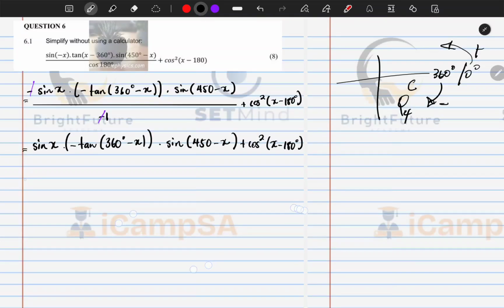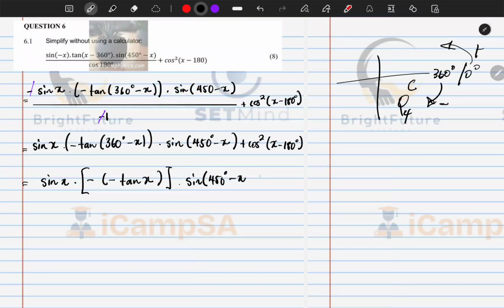So I will have sine of x times minus, into minus tan of x. I can just put square brackets here, times, how can I write sine 450? I will come back to this for now.